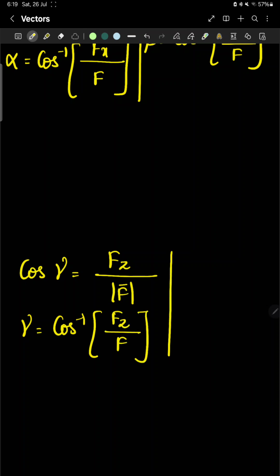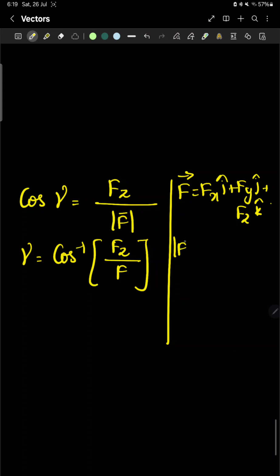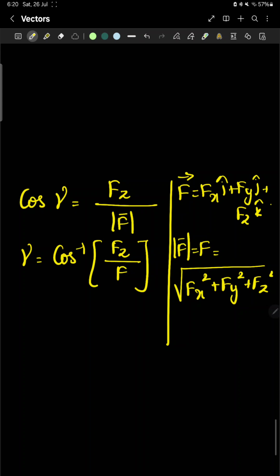In the case of three dimensions, the F vector can be represented as Fx i cap plus Fy j cap plus Fz k cap. To find the modulus of the F vector, which is equal to F, it can be calculated as root of Fx square plus Fy square plus Fz square.